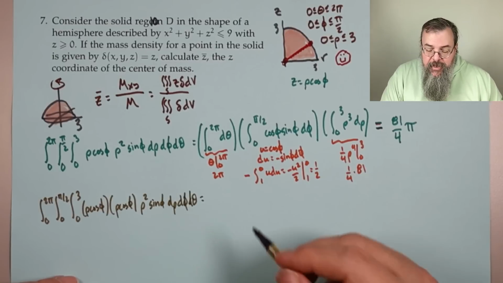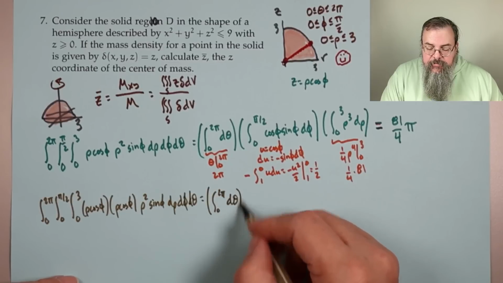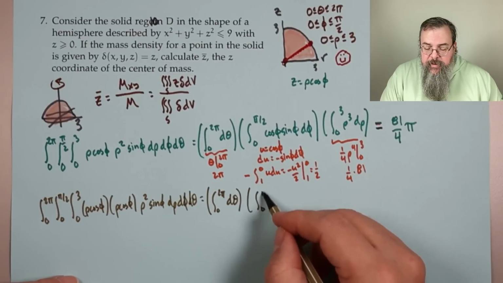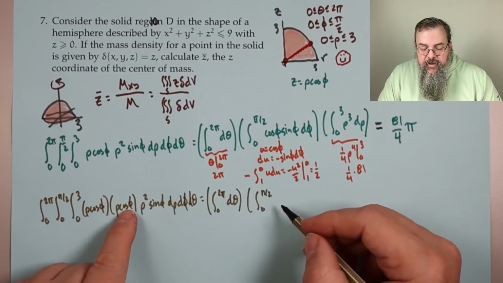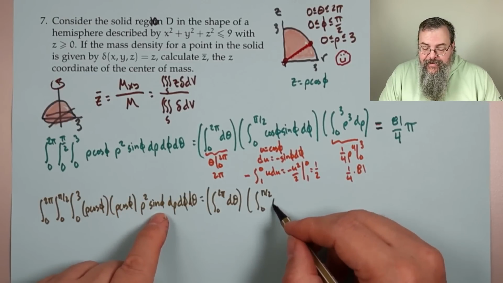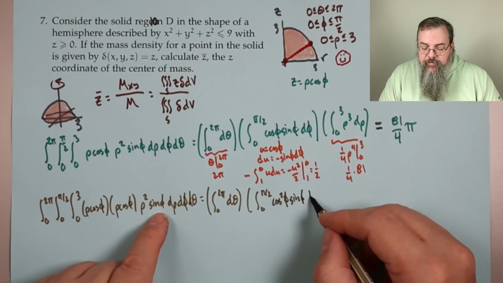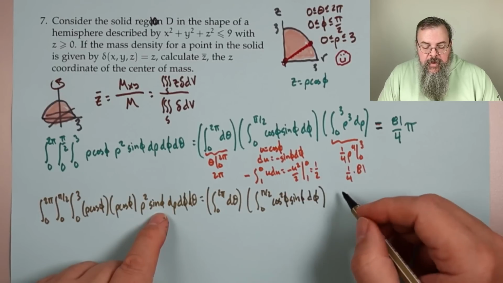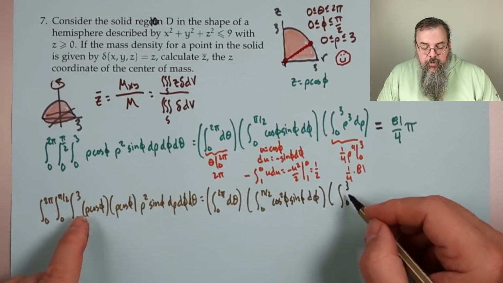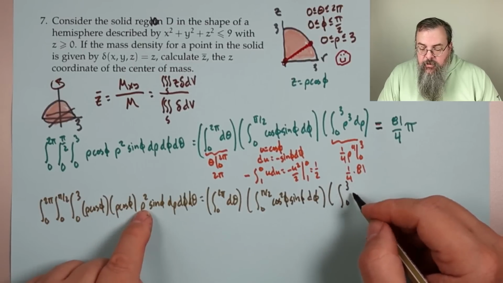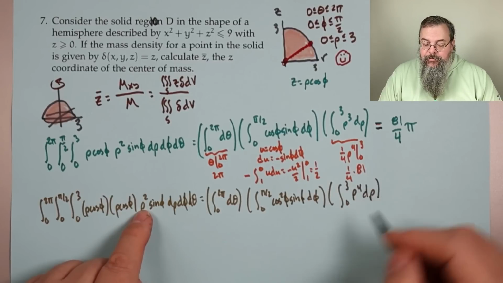Again, we can split it up. Integral 0 to 2 pi d theta. Integral 0 to pi over 2 of cosine squared phi sine phi d phi. And then integral 0 to 3 rho to the 4th d rho.